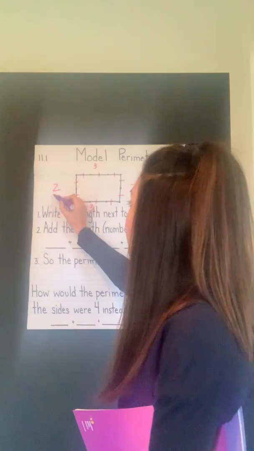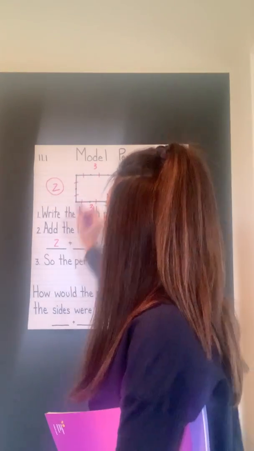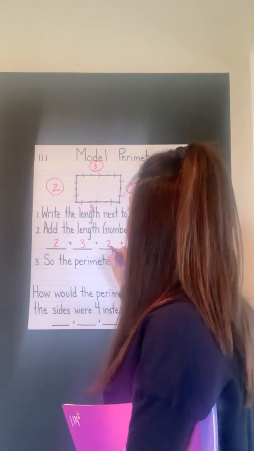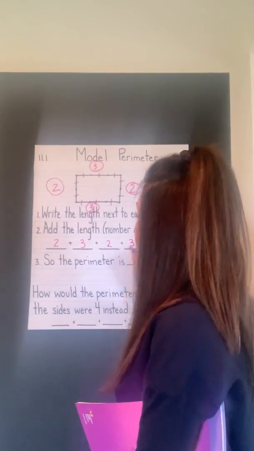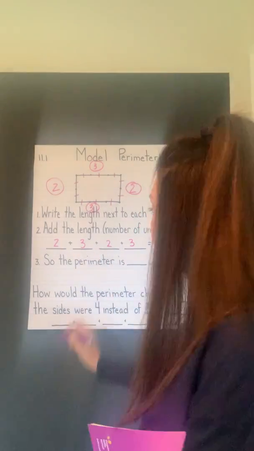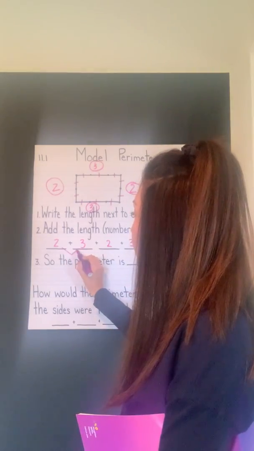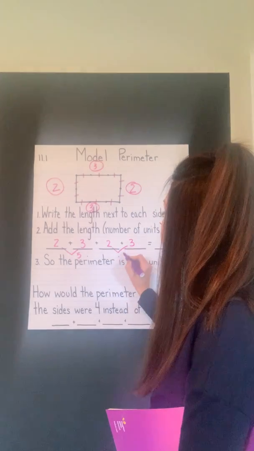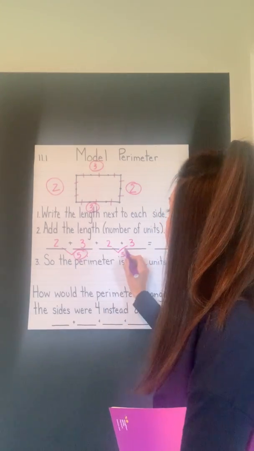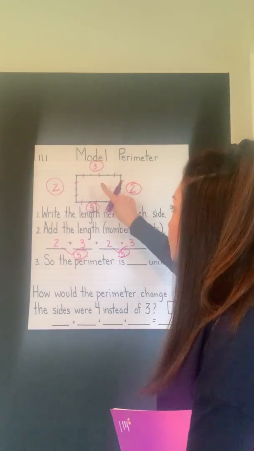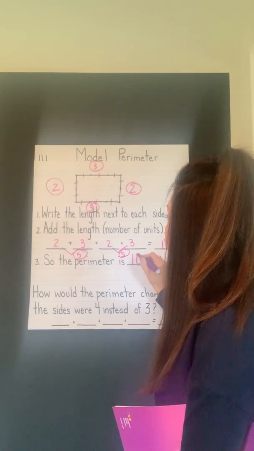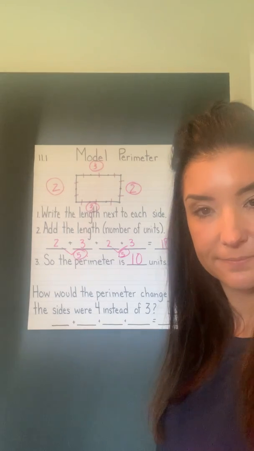So we are adding 2 plus 3 plus 2 plus 3. Let's add them up. 2 plus 3 is 5. 2 plus 3 is 5. 5 doubled is 10. So the perimeter of this rectangle is 10 units.